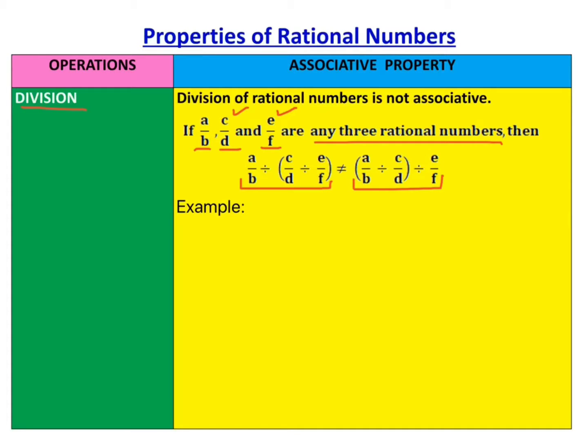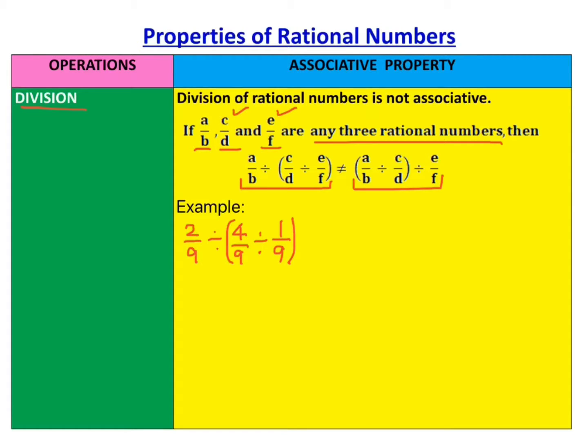Let us understand this with an example. 2 by 9 divided by 4 by 9 divided by 1 by 9. Let us group this expression in this way.